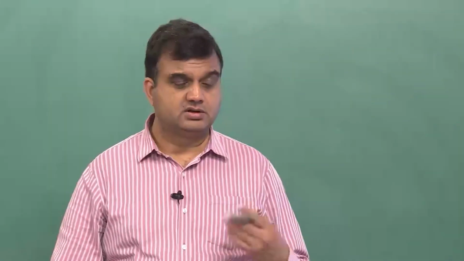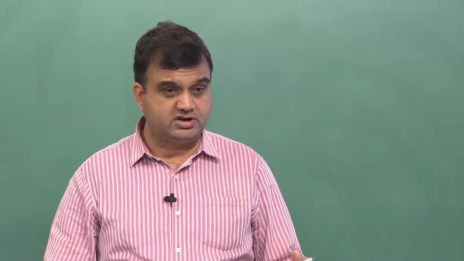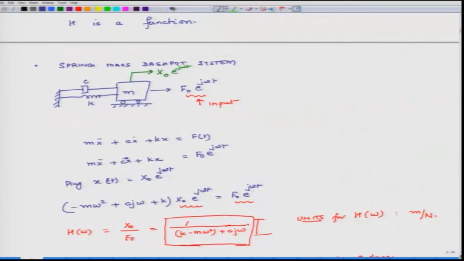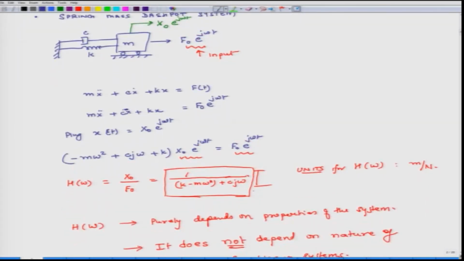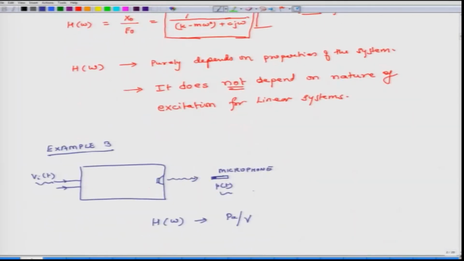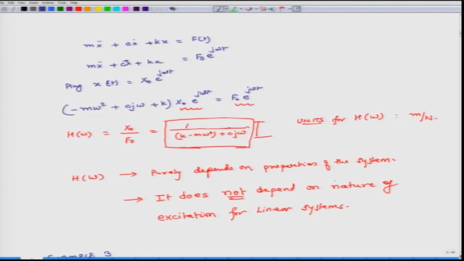So, the point is the transfer function could be unitless, as we saw in the case of a linear voltage amplifier, or it could have any other units. In this case it is meters per Newton, in this case it is pascals per volt. But regardless of whatever the system is, the transfer function purely depends on the properties of the system. When the system is linear, it does not depend on the nature of excitation.